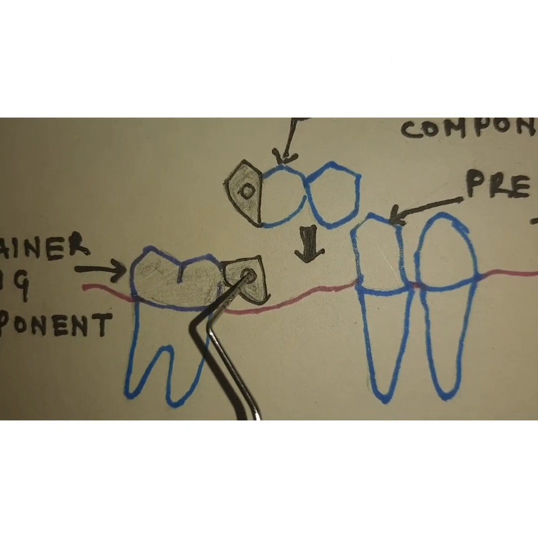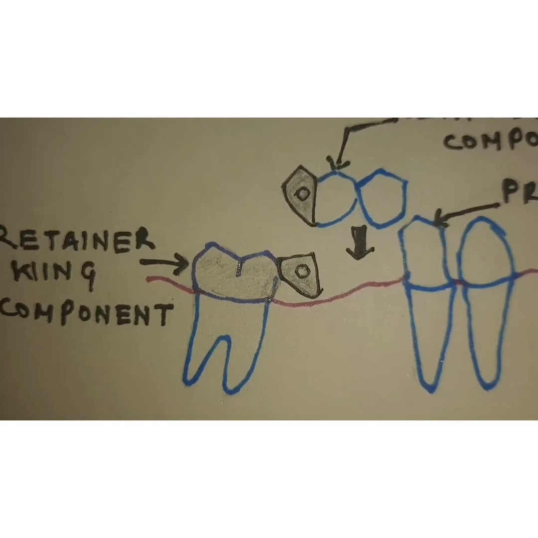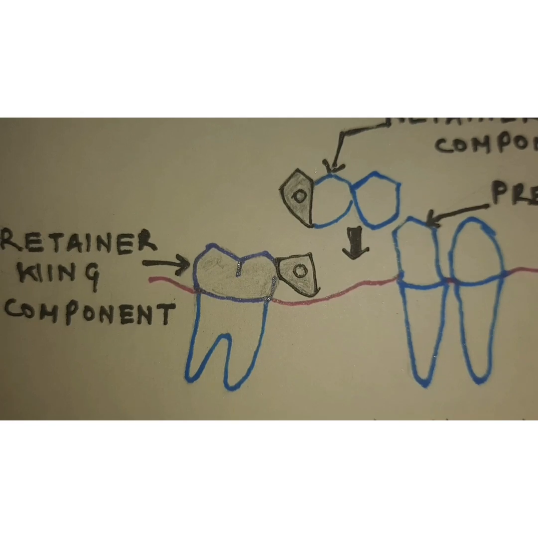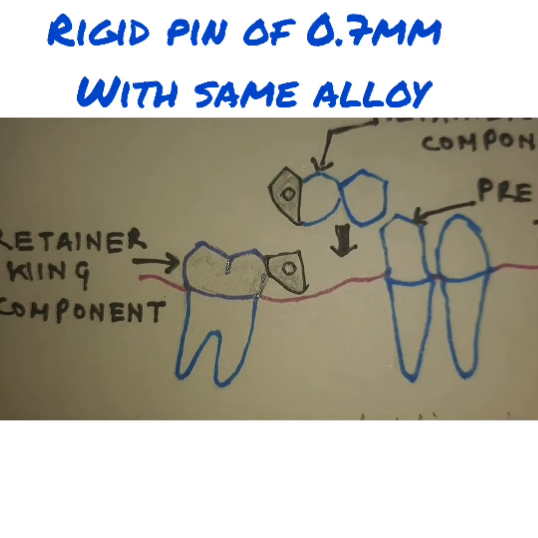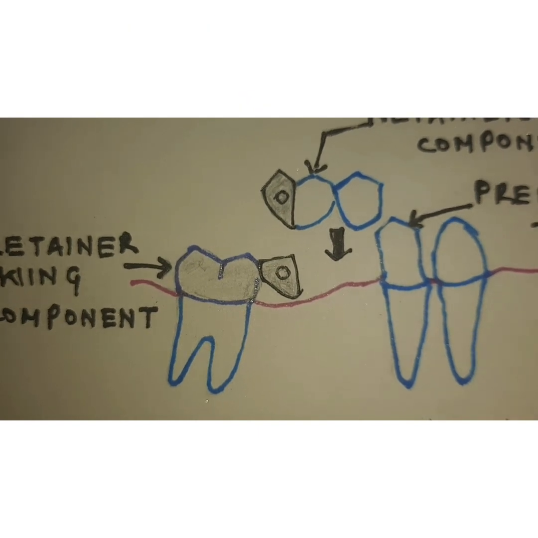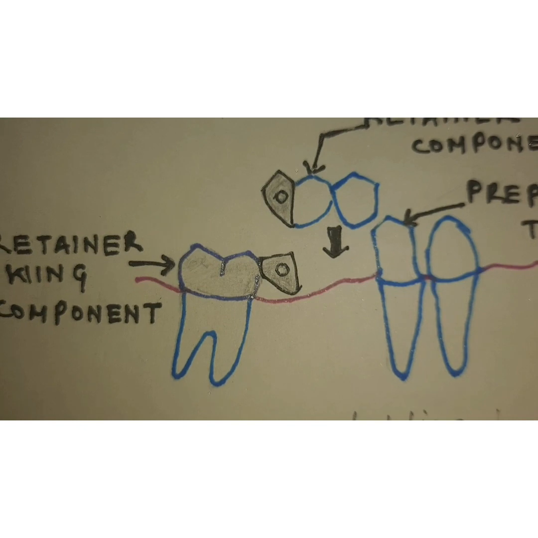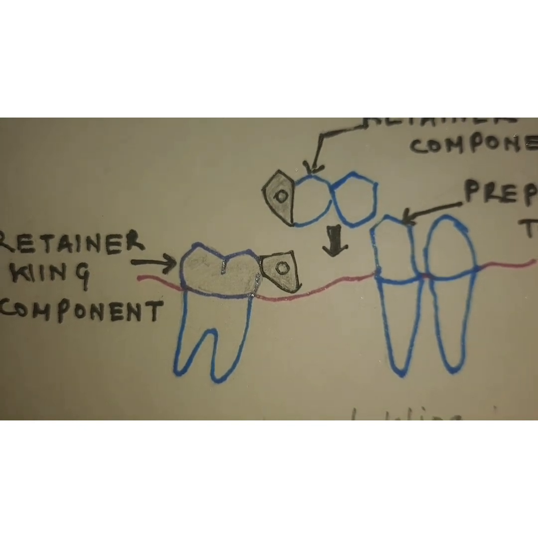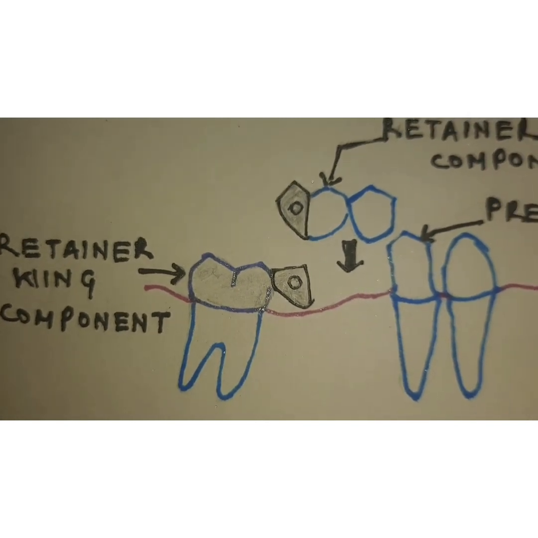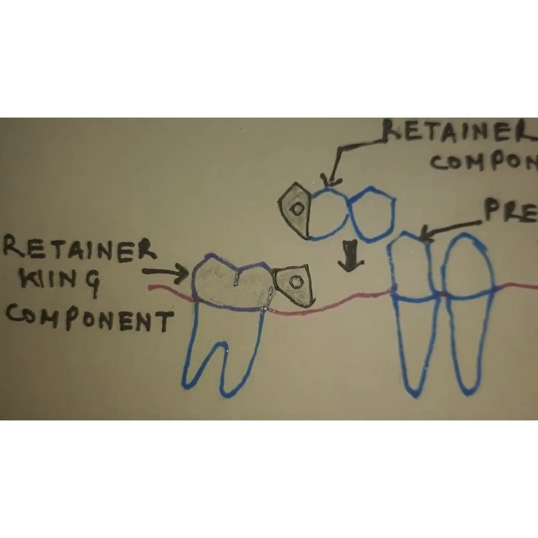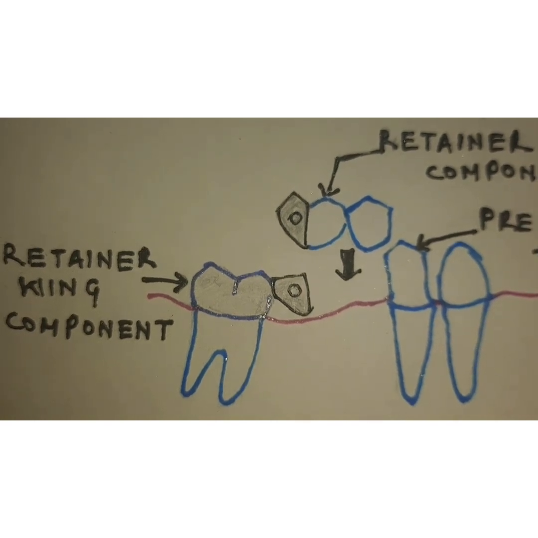As you can see, this hole you will drill through a twist drill, and once this hole is drilled, then you are going to fabricate a pin of the same diameter, that is 0.7 millimeters, and with the same alloy. This is done to avoid galvanic corrosion, and the pin of this 0.7 millimeter, as I told, is a rigid pin, and there is no flexibility of that pin.